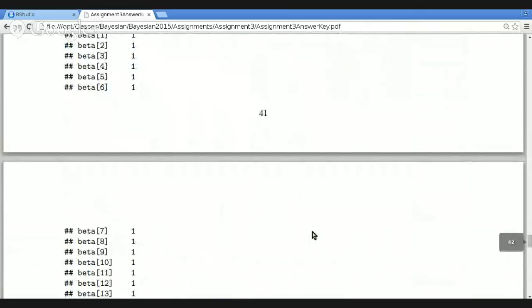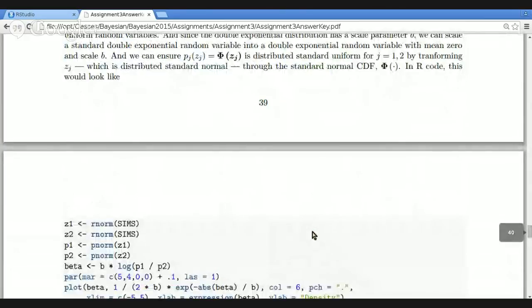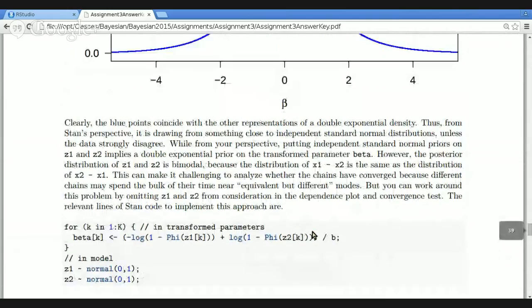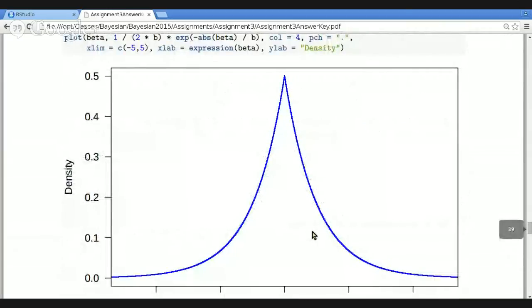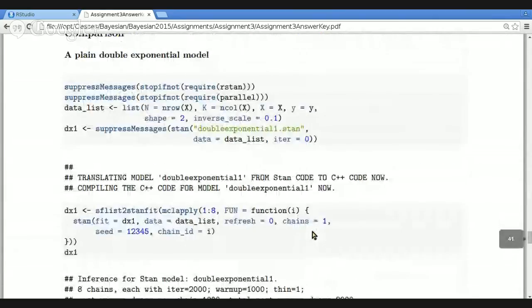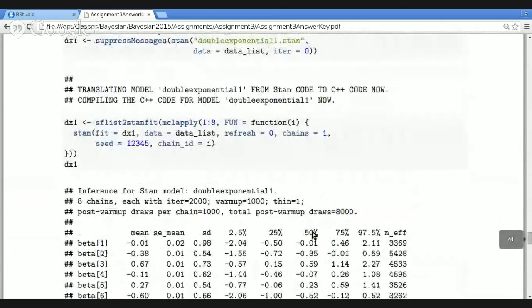But this does illustrate that there are different ways to imply the same prior information on a parameter, and different ways, logically equivalent, but computationally they can have very different effects on Stan's ability to draw from that posterior distribution efficiently.